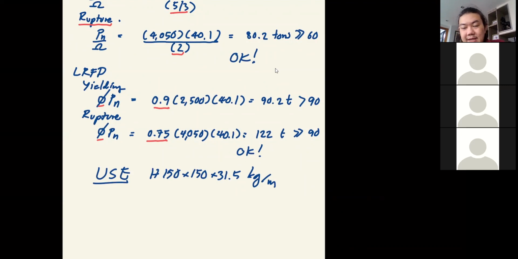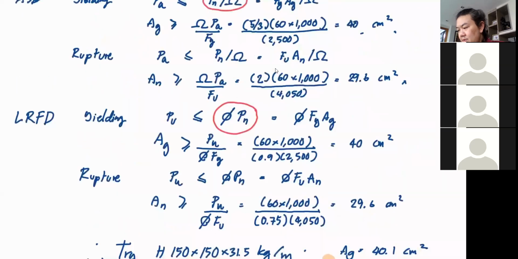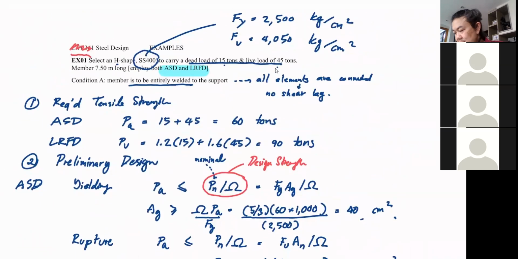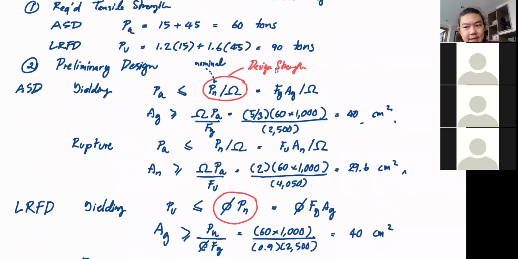Yes, this is just an example, because in the real design you have to make a decision on the design philosophy from the very beginning, and you should do only one of them. You don't have to do both. But right here it's just for the sake of demonstration, so we have both approaches, ASD and LRFD. Okay? Any other questions?